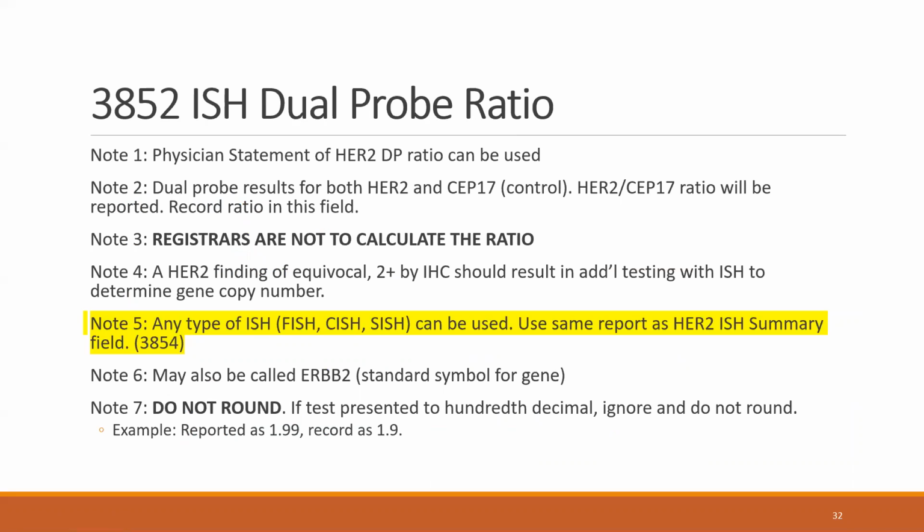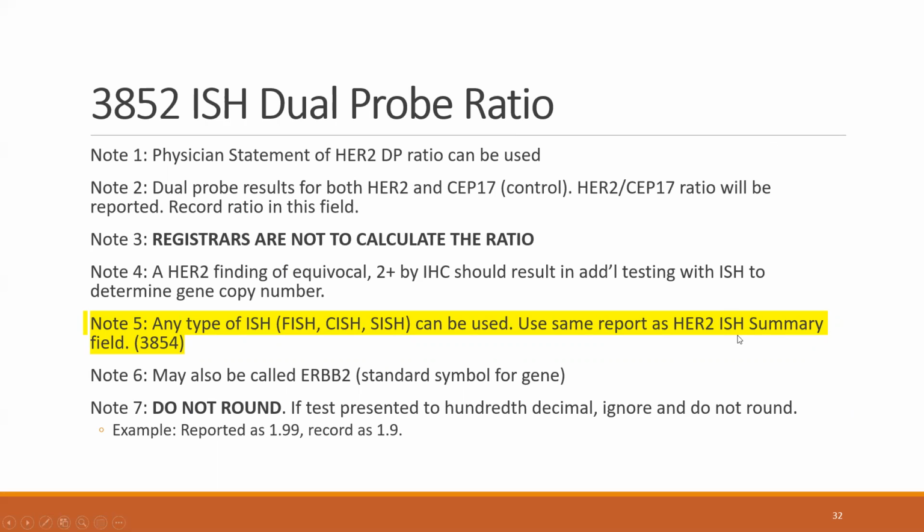Okay, so looking at the notes for the dual probe ratio, remember, you're going to have two things going on in this report. This is going to be a FISH dual probe ratio. Could be the KISH or the SISH. We don't typically see those, but you might.